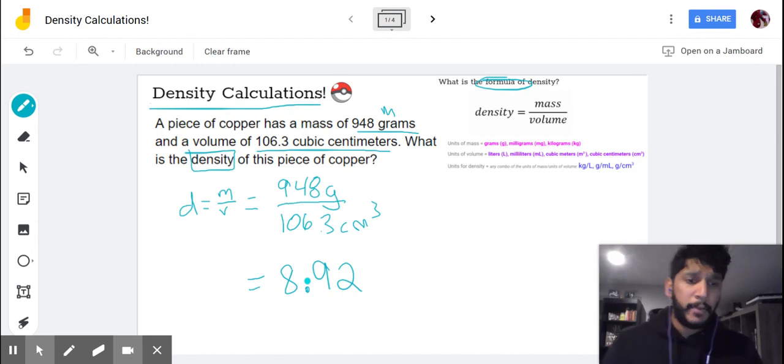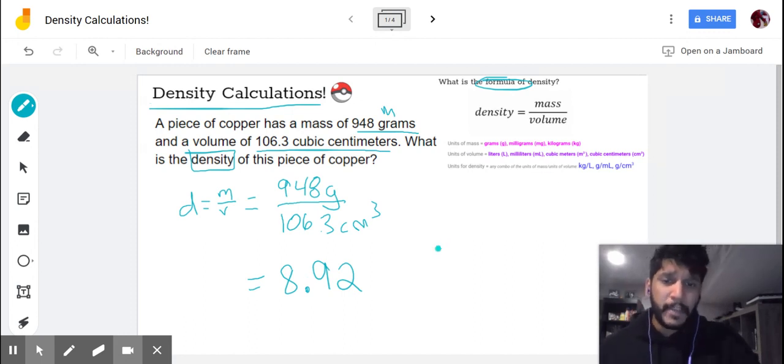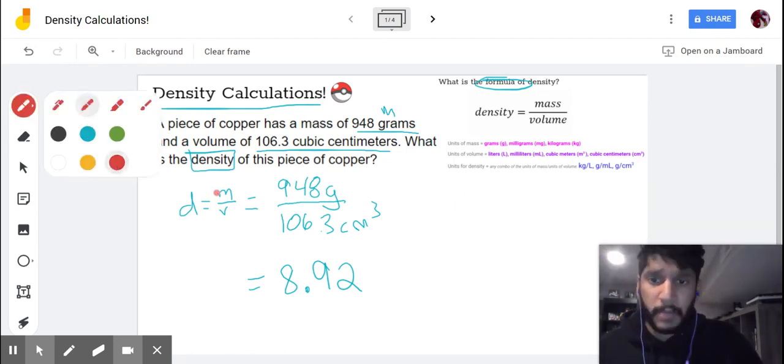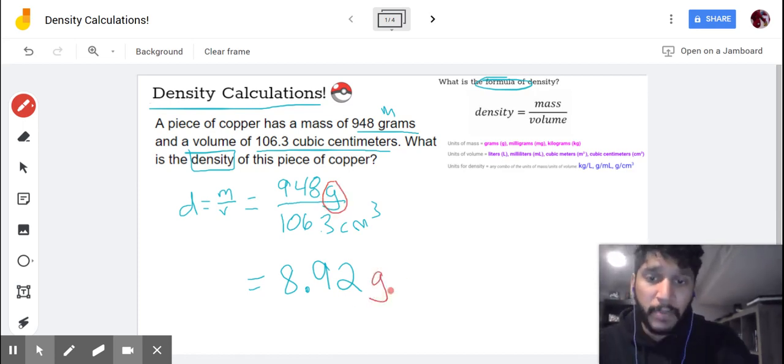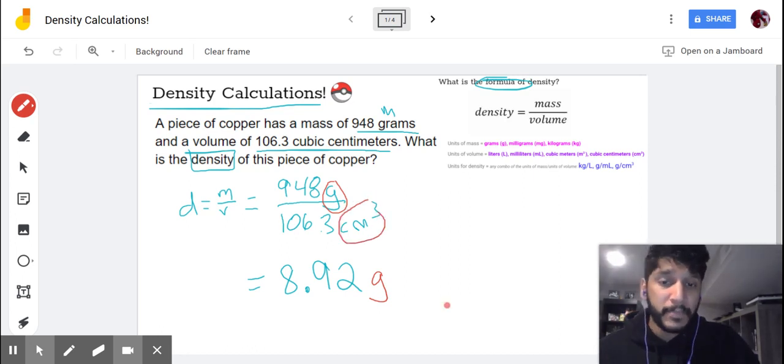All right. Now we've got to get a unit on density. What are some units for density? Units for density are always mass per volume. I'm going to switch colors right about now. The unit on the top, the numerator, is grams, so we have 8.92 grams, and the unit on the denominator at the bottom is cubic centimeters.